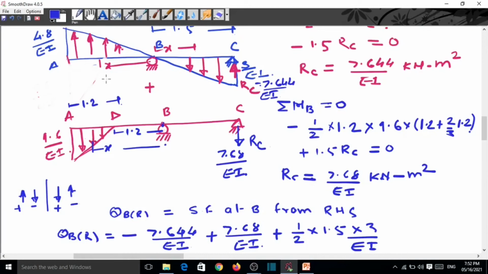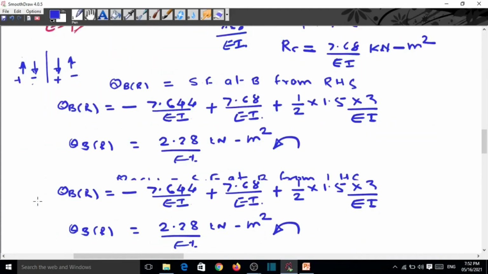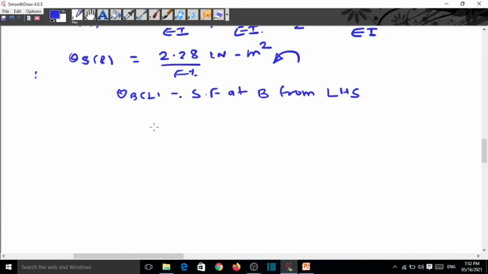So we can say that this triangle is upward. So from left side, this upward force is the positive, and this triangle is downward. So from left side, downward force is the negative. So we take here the area of the triangle. So theta b left is equal to here 1/2 base into the height divided by the EI here.